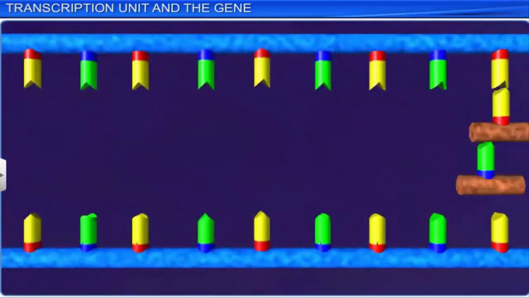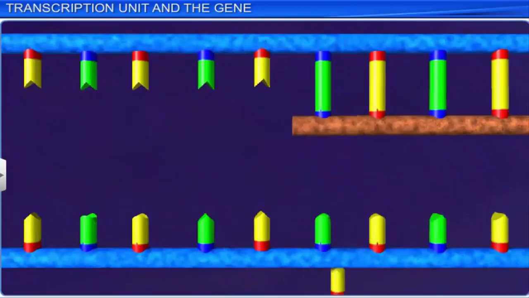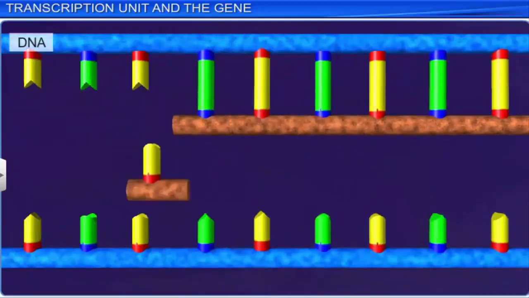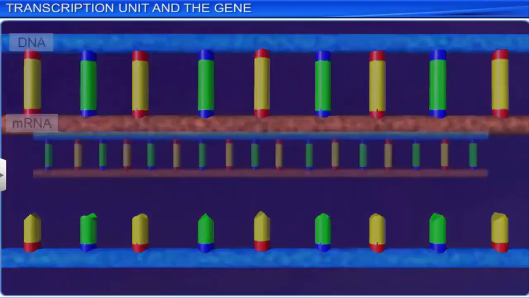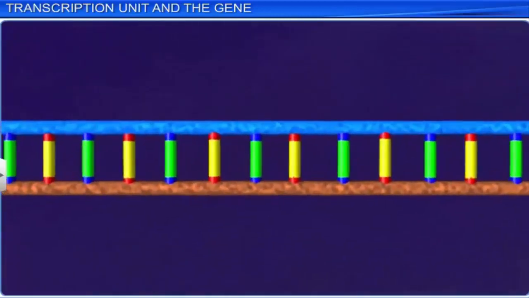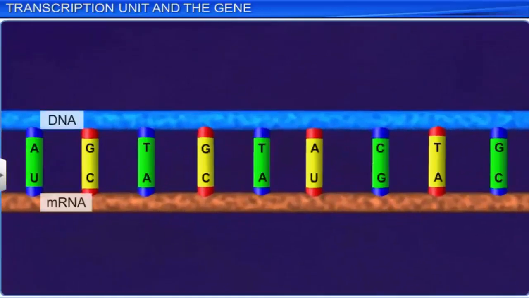It is a process by which genetic information in DNA is transferred to a molecule of messenger RNA. It is governed by the principle of complementarity, with one exception: adenine now forms base pairs with uracil instead of thymine.